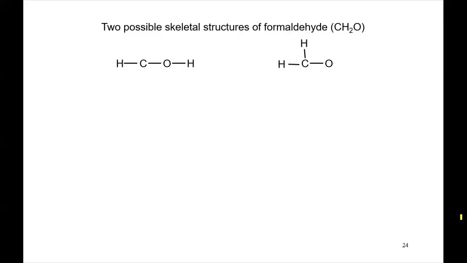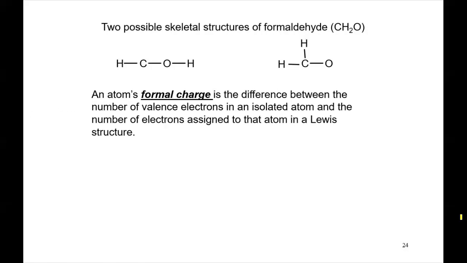The concept we're going to use here is essentially a mathematical calculation called formal charge. Formal charge is when you look at an atom in the molecule and calculate the difference between the number of valence electrons around the atom by itself versus the number of electrons assigned to it in a Lewis structure.